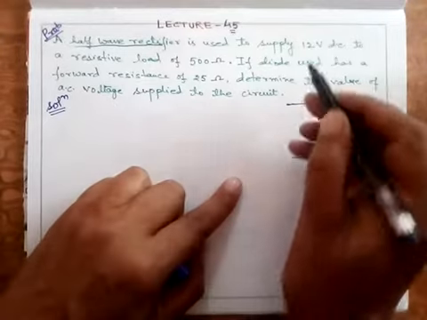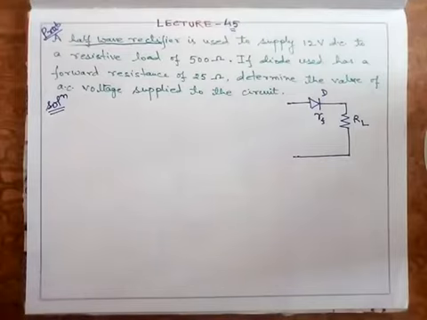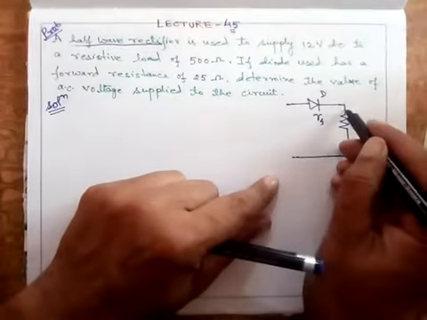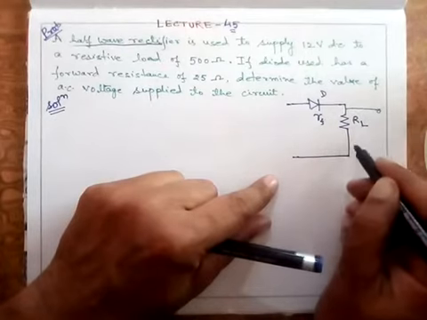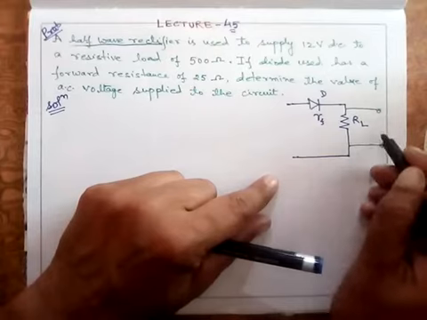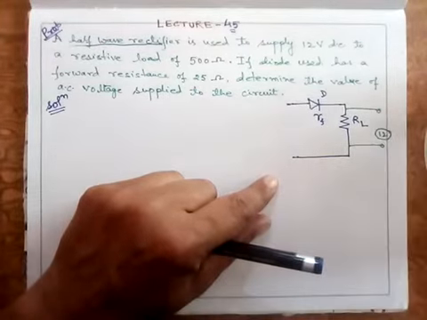Now, as per the problem, a half-wave rectifier is used to supply 12 volt DC. That is the voltage which I obtain at the output of this rectifier, across this load, is 12 volt. That is the average DC value which I obtain here.